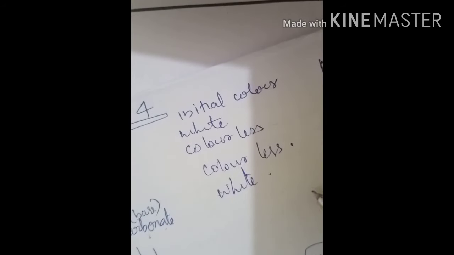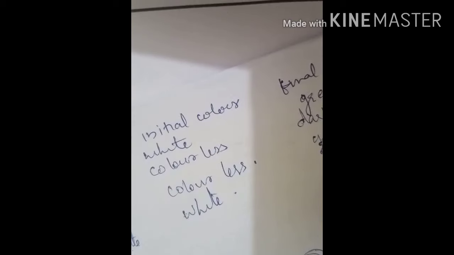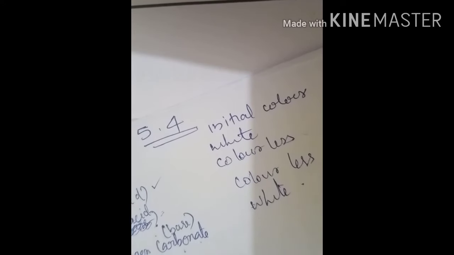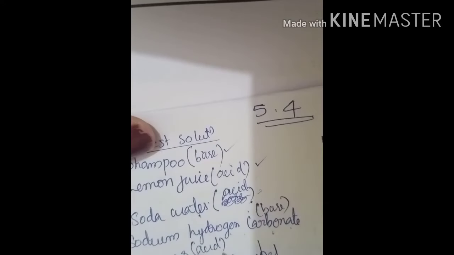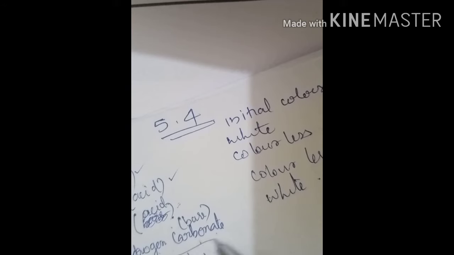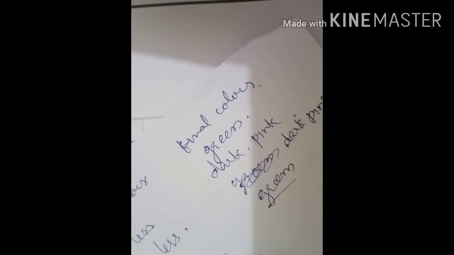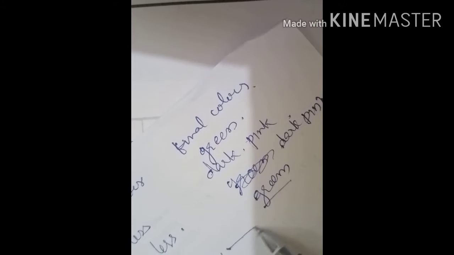When China rose is added to the base, its color changes into green. Then vinegar, we know that it is acid. So the initial color, we can write colorless, and when China rose is added, its final color becomes dark pink.